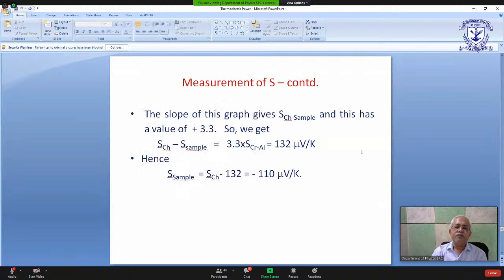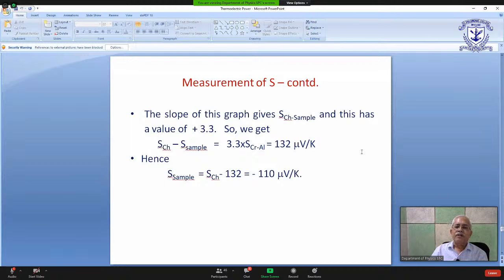The slope of this straight line graph gives us the Seebeck coefficient of the sample relative to chromel. From the graph, it is seen that the slope has a value of plus 3.3.